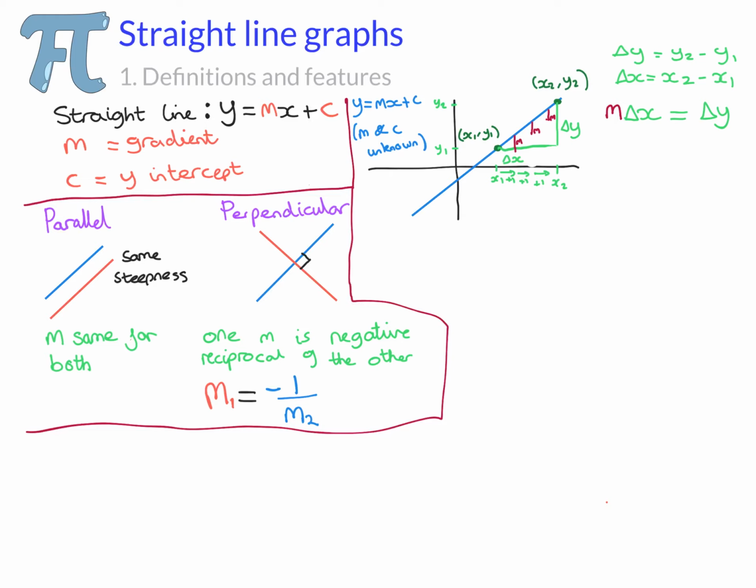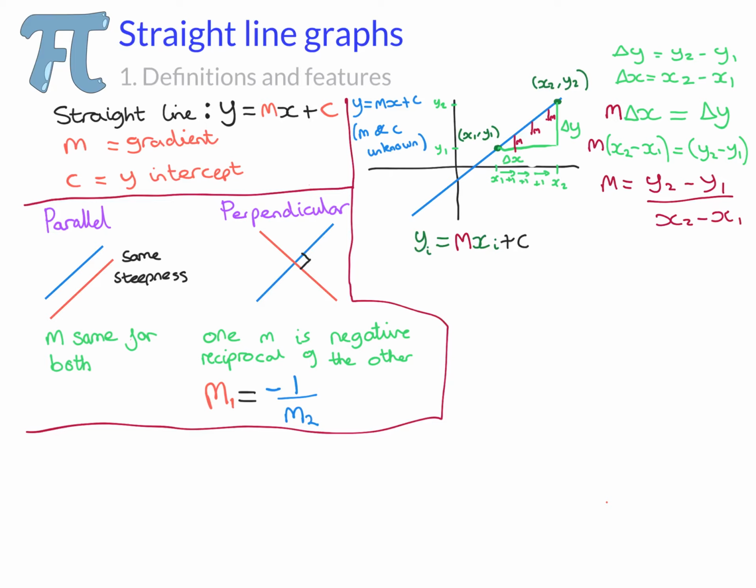Therefore, we write that m times x2 minus x1 equals y2 minus y1. And we rearrange to get m, the gradient, is equal to y2 minus y1 over x2 minus x1, just the change in y over the change in x. We know that every point on this line satisfies the equation y-coordinate is equal to m times the x-coordinate plus c, with us now knowing m.